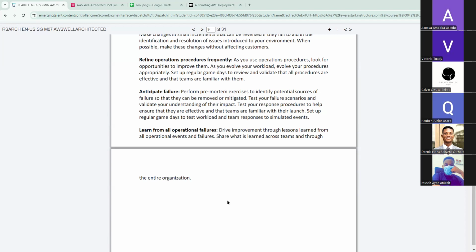I think in a professional skills session, you shared a scenario where an intern got into an organization and deleted some things, and there was mayhem. So learn from all operational failures. We are saying that in all the operations, in case failures happen, you don't fold your arms as an organization and say that because this has happened, we are shutting down.